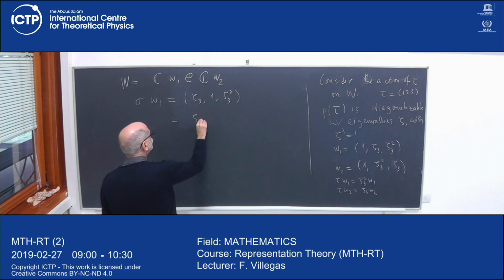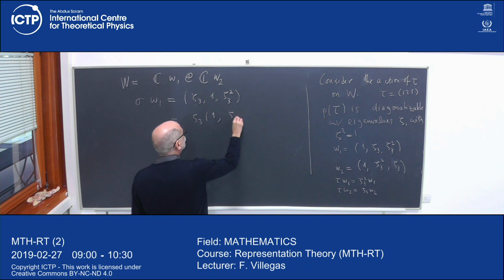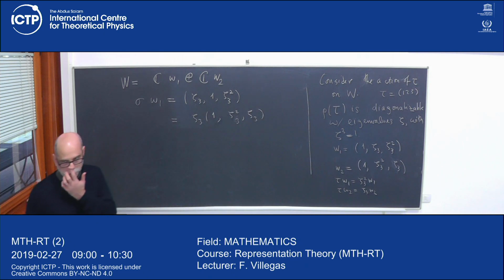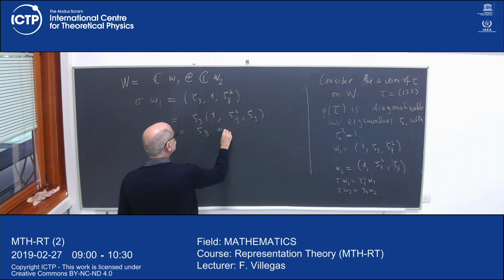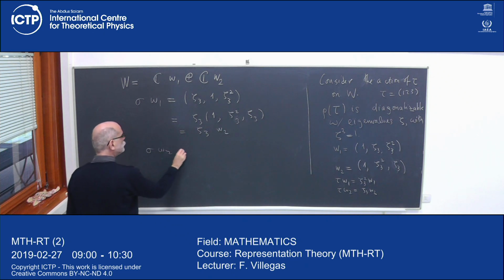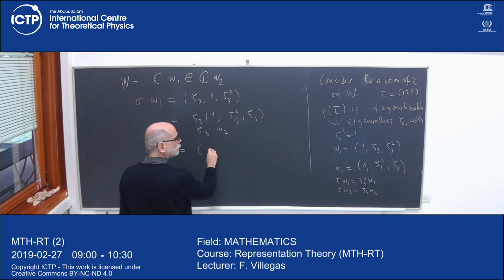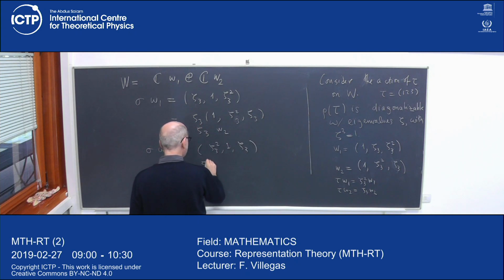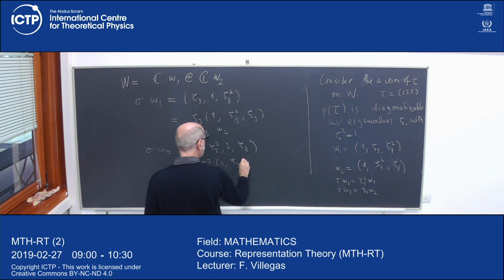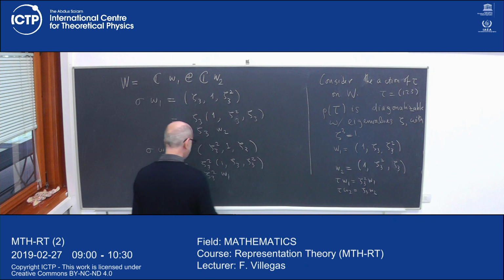Well, this is zeta 3 times 1, zeta 3 squared, zeta 3, yes? And this is zeta 3 W2. And sigma of W2 is zeta 3 squared, 1, zeta 3. So this is zeta 3 squared times 1, zeta 3, zeta 3 squared. So this is zeta 3 squared W1.